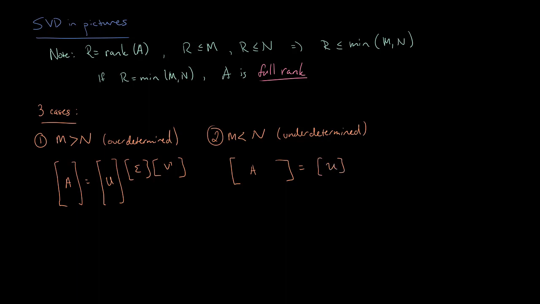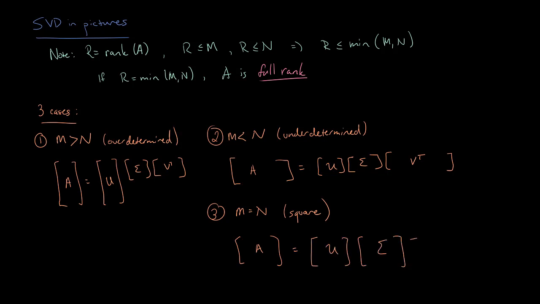And so this gives us a square matrix U and sigma, and then a fat matrix V transpose. Remember, V is an n by r matrix, so V transpose is going to be r by n. Finally, we have the case where m is equal to n, and in this case, if we have a full rank matrix, A is just equal to U sigma V transpose, where all of these are square matrices.